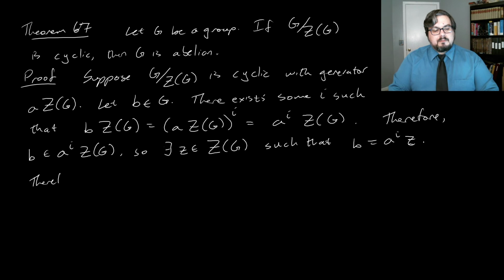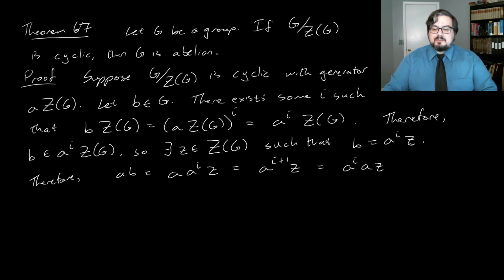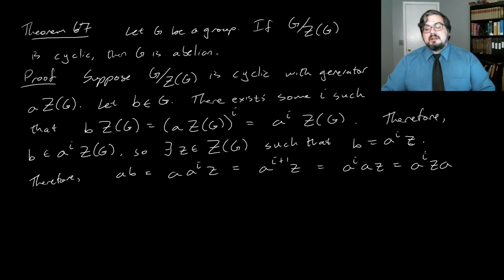Therefore, we have that ab is equal to a times a^i z, which is a^(i+1) z, which is a^i a z. Now, we know that z is an element of the center, which means it commutes with everything. So in particular, if we have az, we can write that as za. But now, a^i times z is just b.